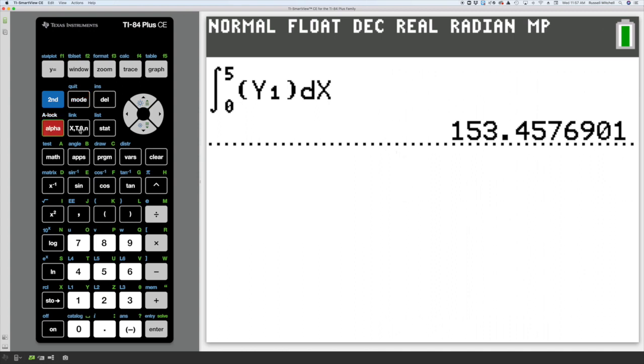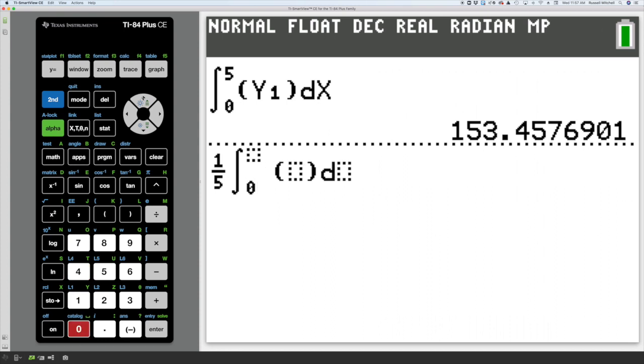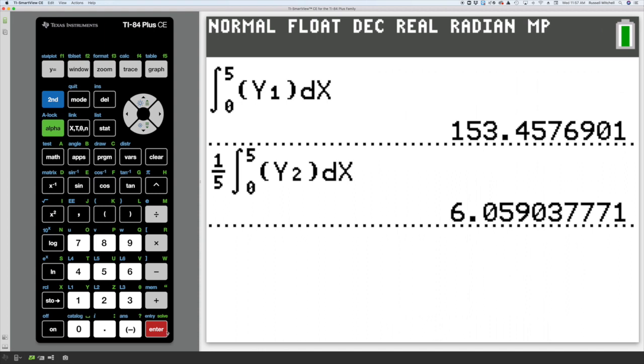This time, alpha x for the fraction bar, so 1 over 5, and then alpha window 4 for function integrate 0 to 5. Be sure you put the rate at which fish are leaving in y2, so alpha trace and then number 2 for y2, and then integrate with respect to x. And we get 6.059.